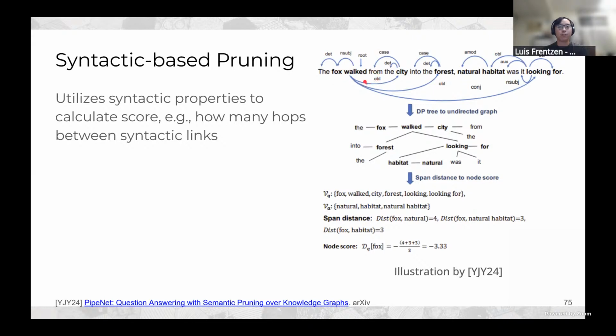Then how you connect those nodes is by the relationship of its words. So for example, which one is the object, which one is the root, which one is the case, which one is the conjunction, and so on and so forth. After you have completed that kind of graph, you could do some sort of pruning where, for example, you say, okay, I have this core node, so the nodes that are syntactically further away from this core node are going to be pruned. That is just the really simple way to do it.